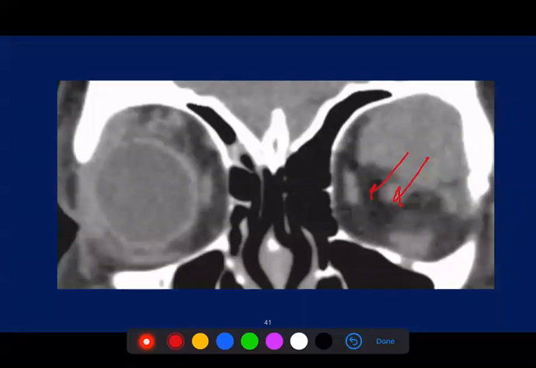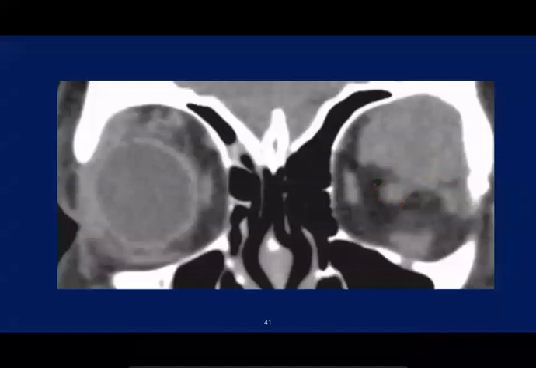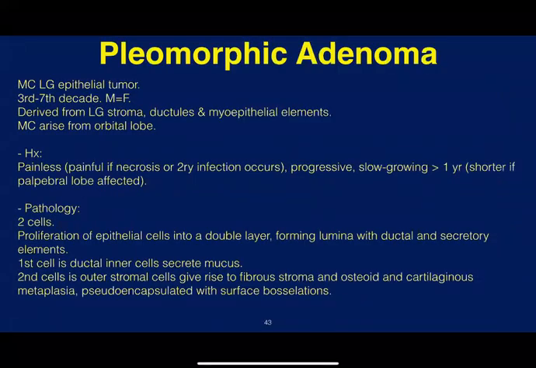In lymphoproliferative disorder, molding is the rearrangement of the mass and encroaching of the mass around the globe or the bone. Usually epithelial masses cause angulation and mass effect. So this is how to differentiate between polymorphic adenoma and lymphoproliferative disorder when it comes to the lacrimal gland.